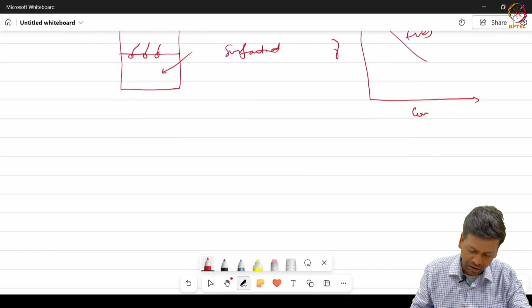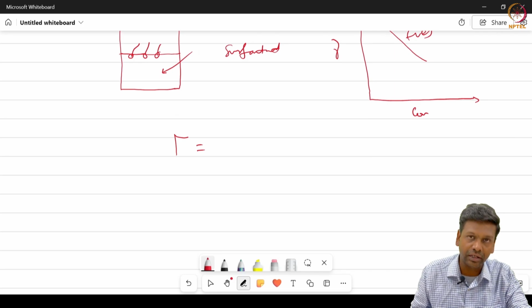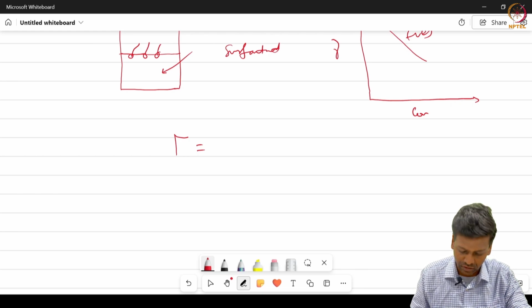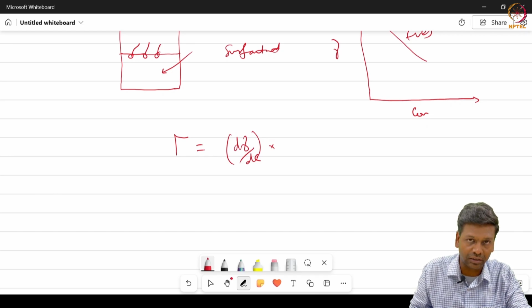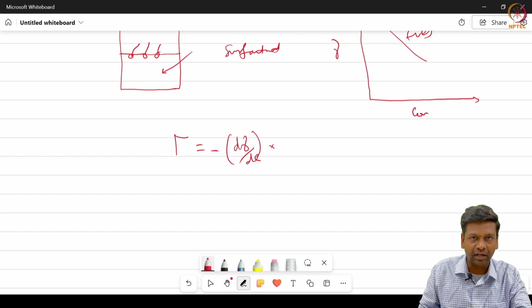Now our equation for the surface excess, which we will see in the next lecture when we derive the Gibbs adsorption isotherm, is a function of d gamma by dc multiplied by some other term, but this equation has a negative sign.